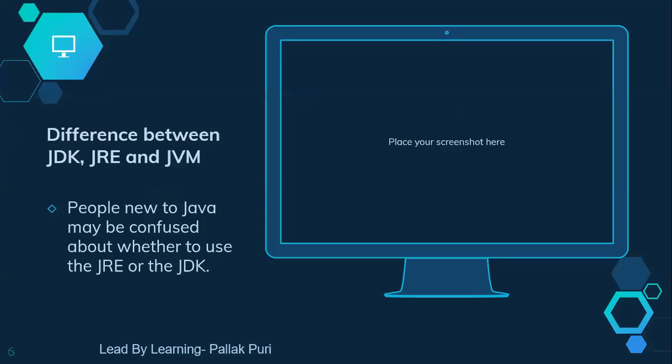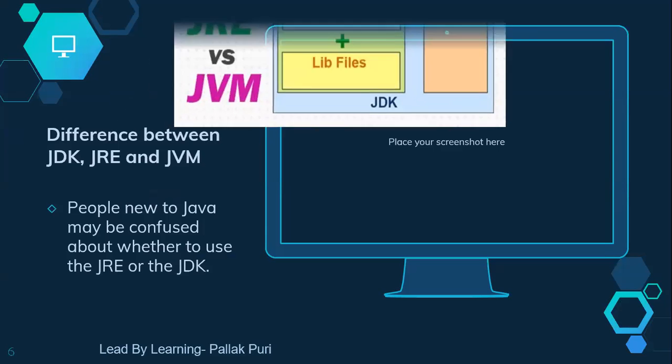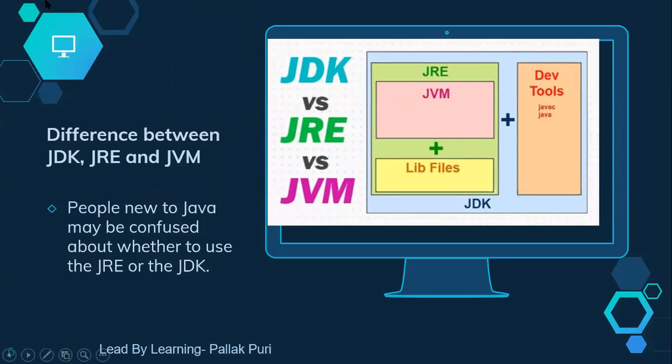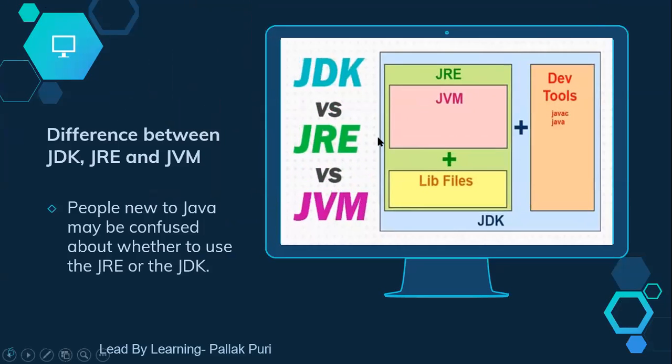People new to Java may be confused about whether to use the JRE or the JDK. Referring to this diagram, you can see JDK is the broadest component. In the JDK we have two components, which are JRE and development tools. So JDK equals JRE plus development tools.